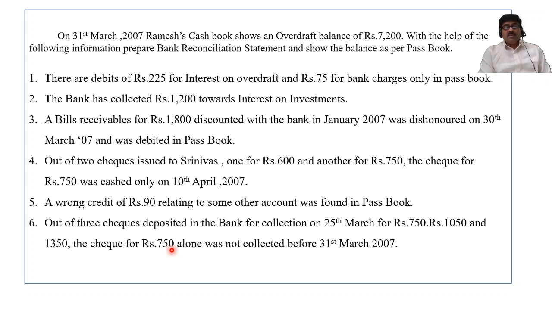Here the check is deposited, means in the cash book we debit the cash book with 750, means there is a decrease in the balance of overdraft in the cash book. So the bank has not collected the check of 750 on or before 31st March 2007.